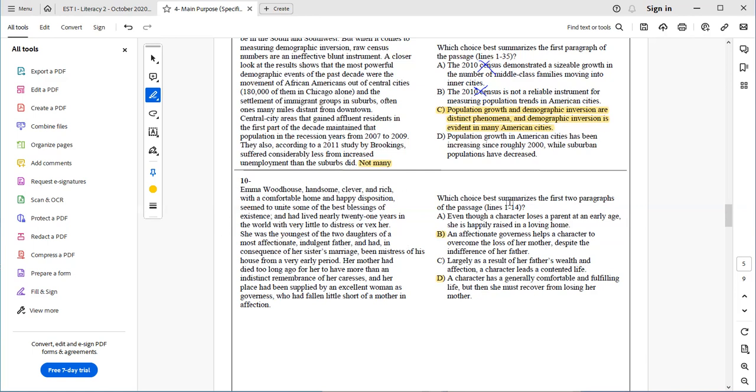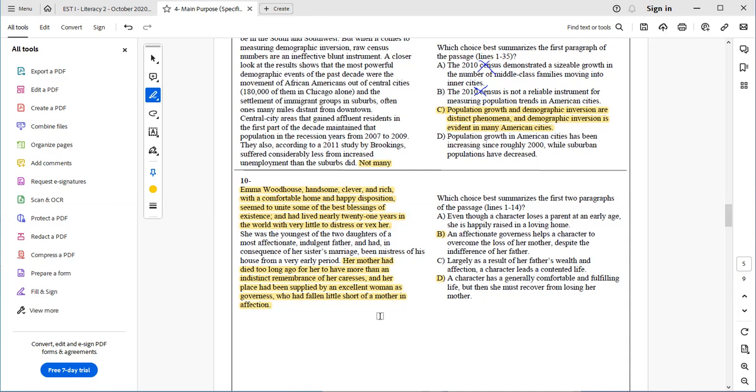First sentence, he said, which choice best summarizes the first two paragraphs? The first sentence, as we used to, till here. And the last sentence. Okay, perfect. He said, Emma Woodhouse, handsome, clever, and rich, with a comfortable home and happy disposition, seemed to unite some of the best blessings of existence, and had lived nearly 21 years in the world with very little to distress or vex her.